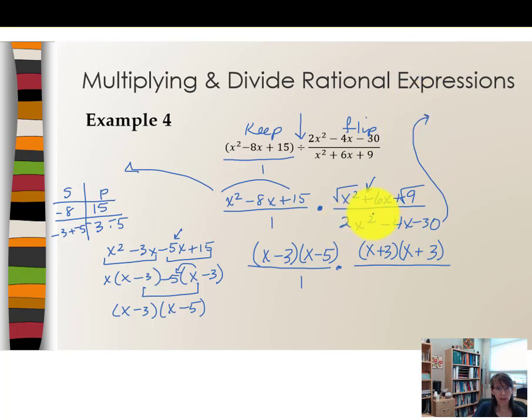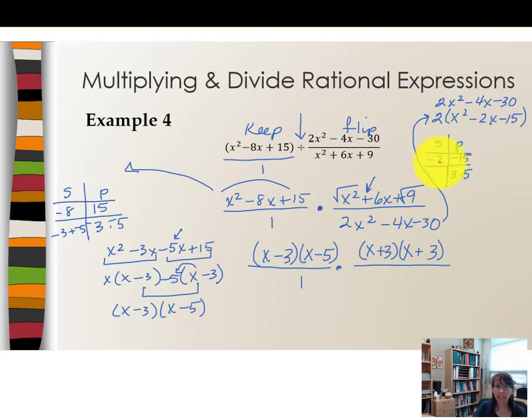We've got 2x squared minus 4x minus 30. And all the coefficients are even. So if I pull out 2, I'm left with x squared minus 2x minus 15. So I can use the sum and product on this trinomial. Negative 2 is the sum, and our product, 1 times negative 15 would be minus 15. So it looks like 3 times 5 are needed.